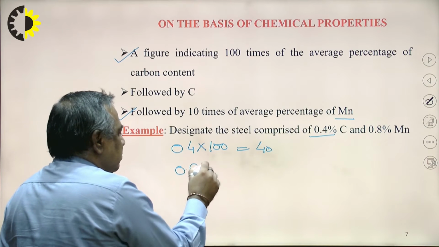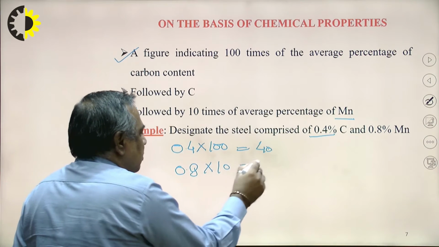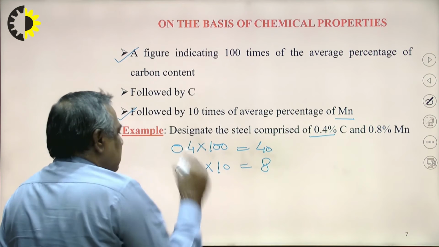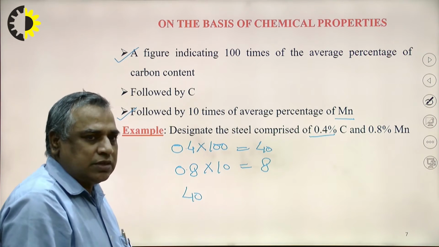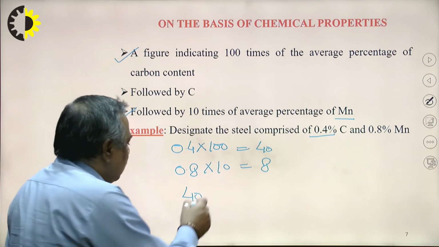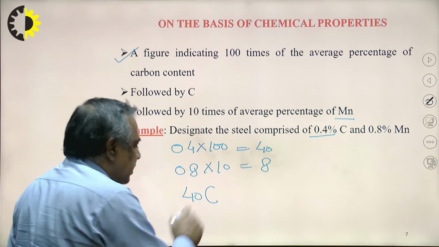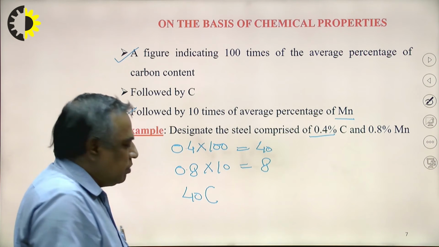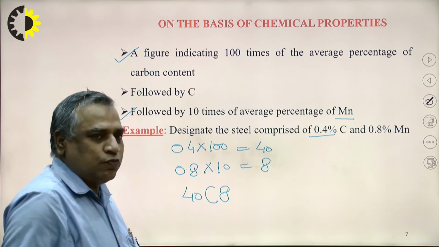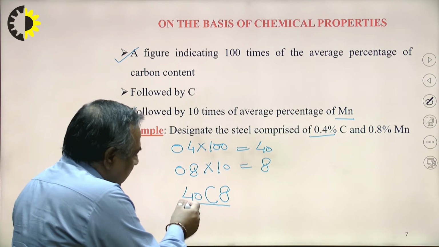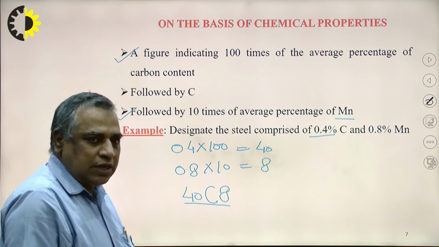So 0.8 multiplied by 10 comes out to 8. So I write first 40, that is 100 times the average percentage content of carbon, followed by a capital C, the chemical symbol of carbon, followed by 10 times the average percentage of manganese. 40C8 is the BIS designation of the plain carbon steel.